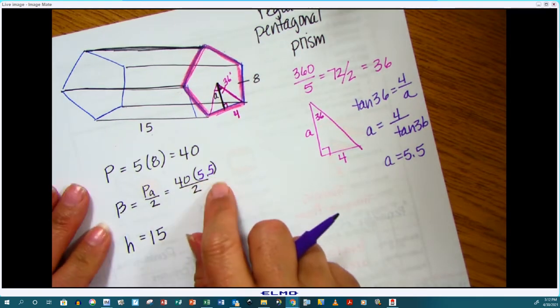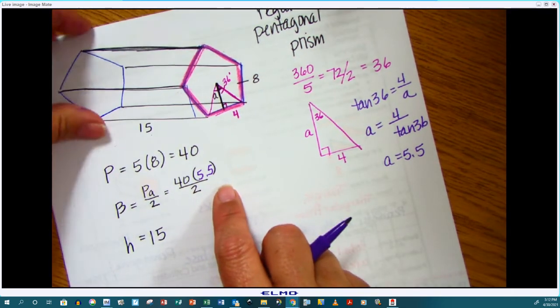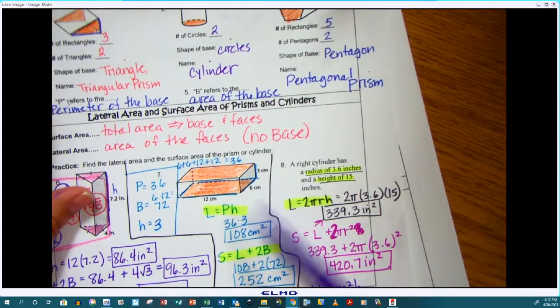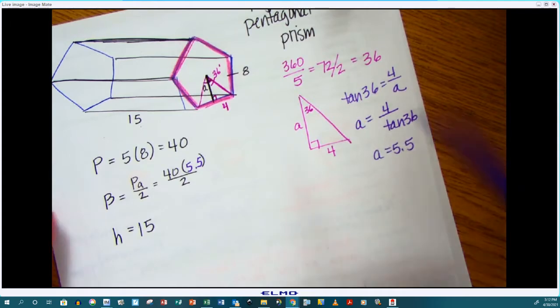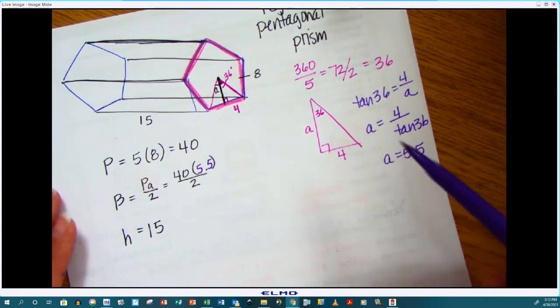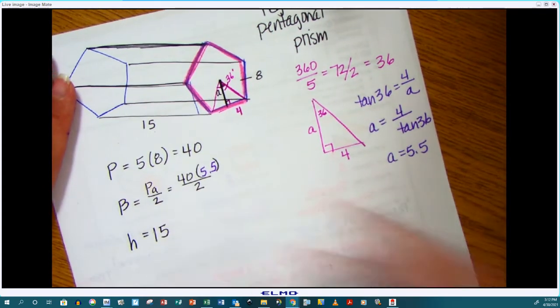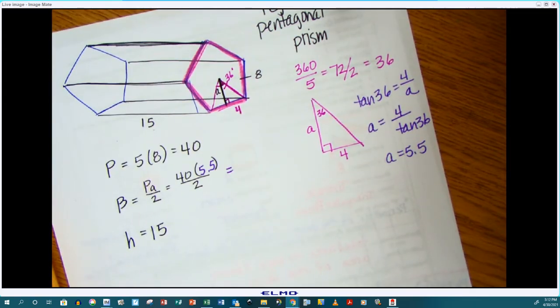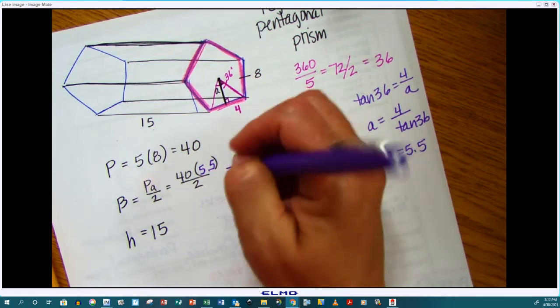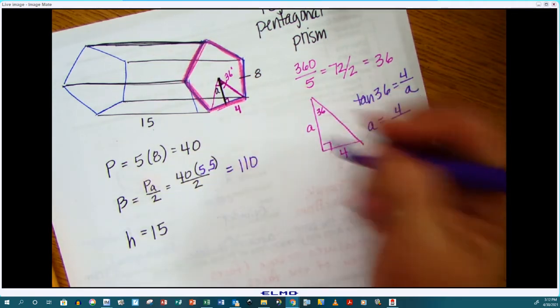So sometimes big B is not going to be as straightforward as a rectangle or an equilateral triangle. Sometimes big B will require you to do some work. So type it in. 40 times 5.5 divided by 2 is 110.